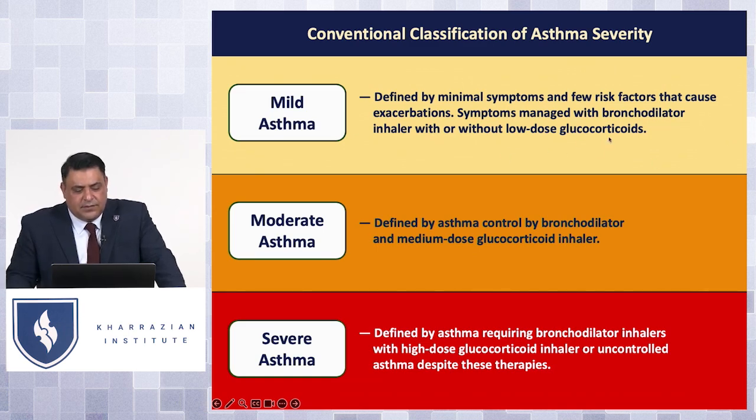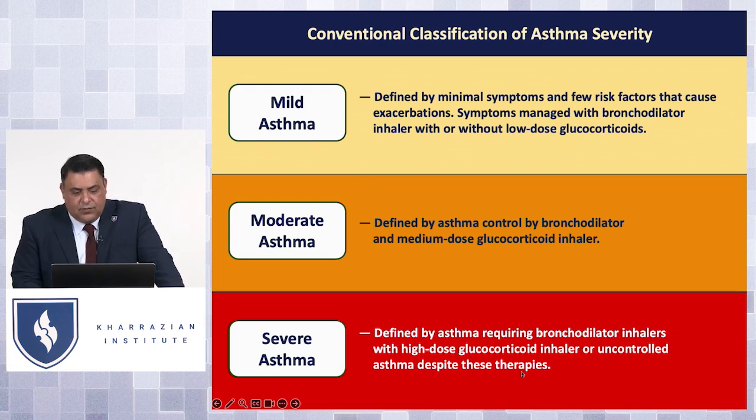So that's mild asthma. And moderate asthma is defined by asthma controlled by a bronchodilator and medium-dose glucocorticoid inhaler. So they need more anti-inflammatories. And then severe asthma is defined by asthma requiring bronchodilator inhalers with high-dose glucocorticoid inhalers, or uncontrolled asthma despite these therapies.